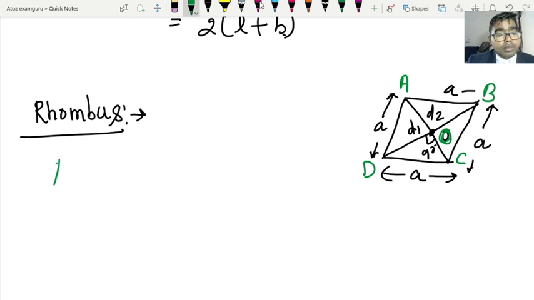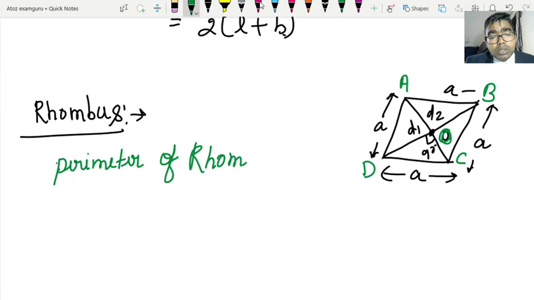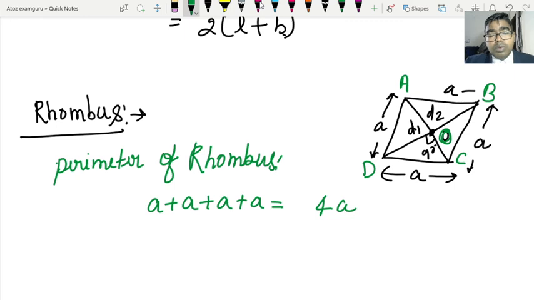So the perimeter of a rhombus is the sum of all sides. That means a plus a plus a plus a, it is 4a unit.